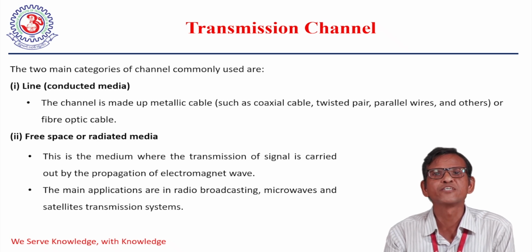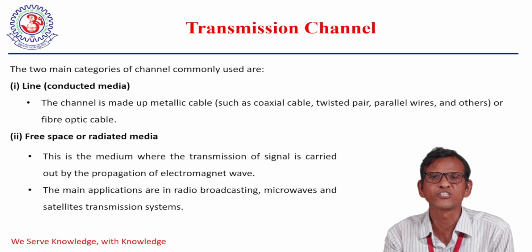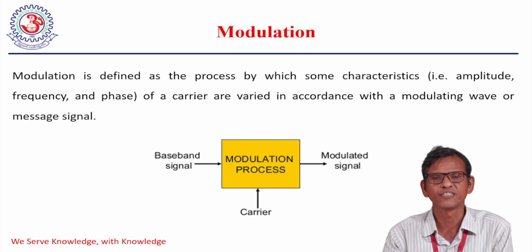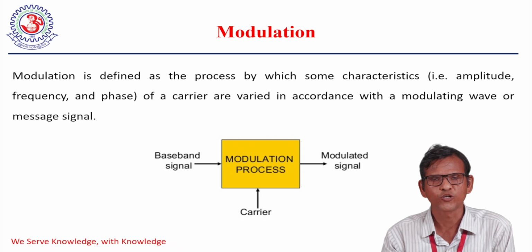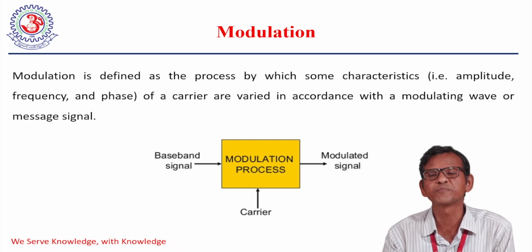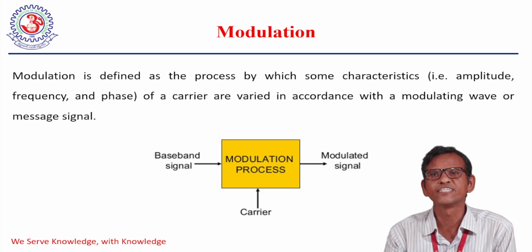In free space, the signal is transmitted by propagation of electromagnetic waves. Now, modulation, the definition of modulation that we used in the basic elements. Modulation is defined as the process by which some characteristics of a carrier wave are varied in accordance with the modulating wave or message signal.